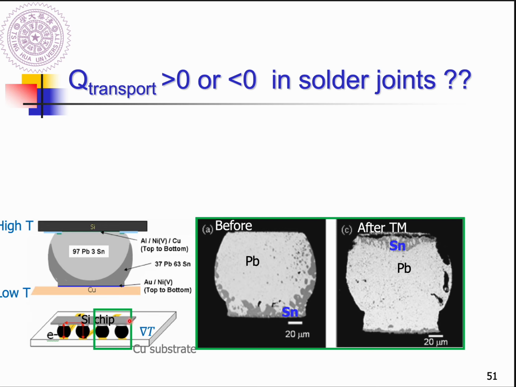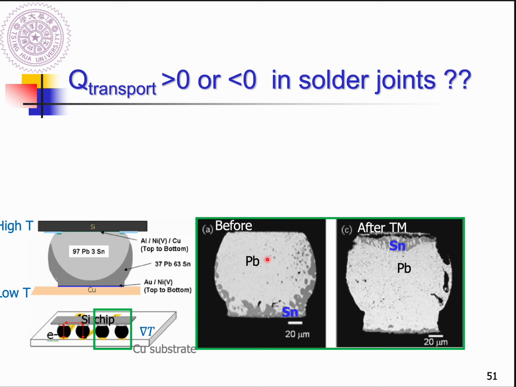So they can share the temperature gradient. Then by analyzing these two solder bonds, you can confirm whether thermal migration did happen in your solder bond.